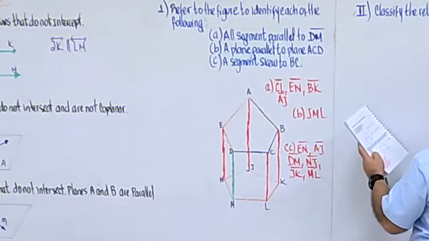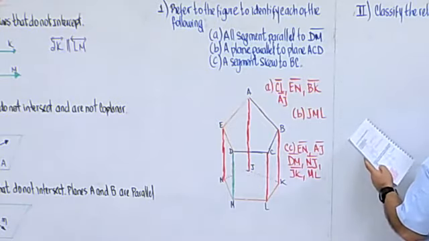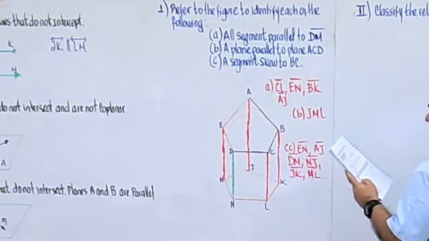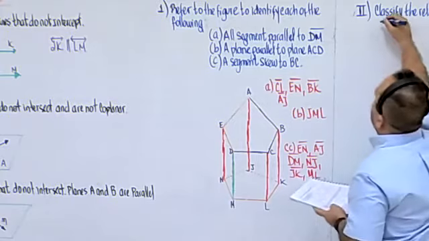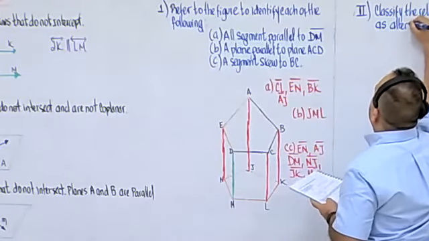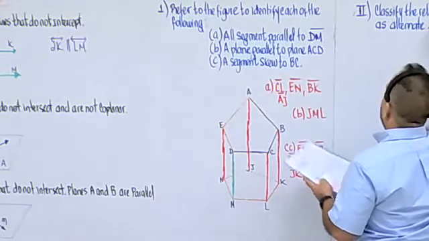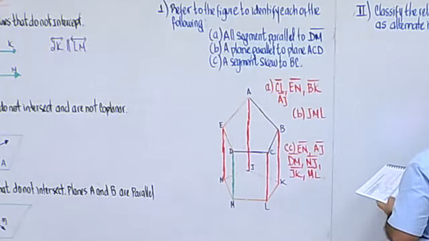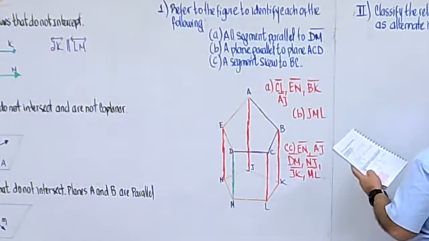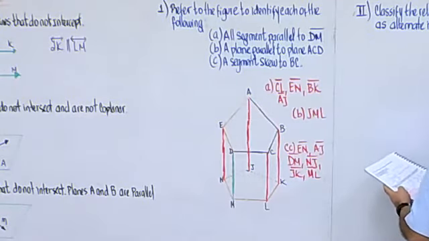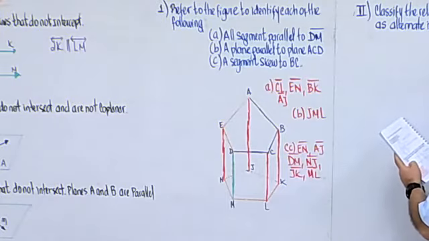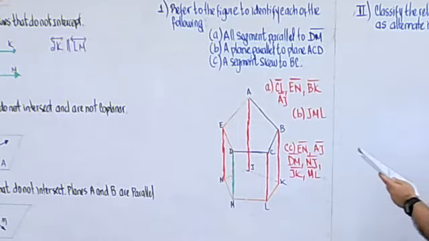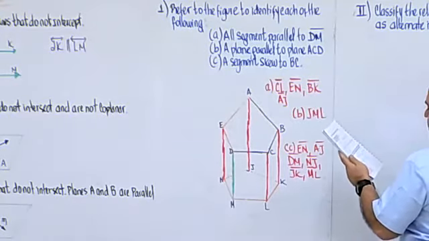The second problem says, classify the relationship between each pair of angles as alternate interior, alternate exterior, corresponding, or consecutive angles.